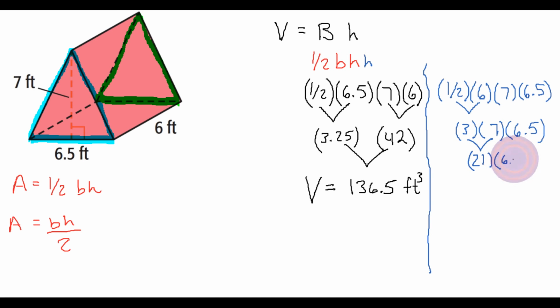So times 6.5, and let's just fix that decimal real quick. So when we calculate this, we get the volume is equivalent to 136.5. Our units are feet cubed. And that should be a 3 right here. Cool. So now we can box this information up and we're finished.